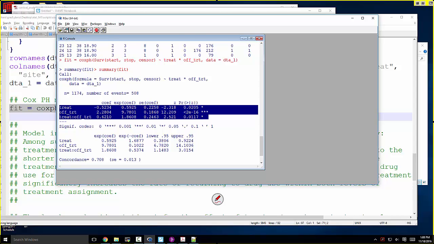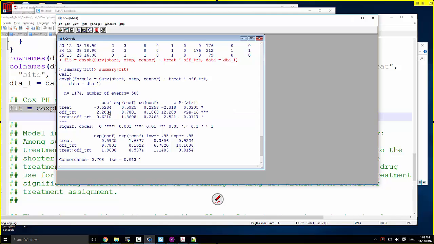We're modeling log hazard. That's what we do with a Cox model. And the log hazard ratio corresponding to going off treatment, dropping out of the routine, is 2.28. That corresponds to a hazard ratio of almost 10, which is extremely statistically significant.